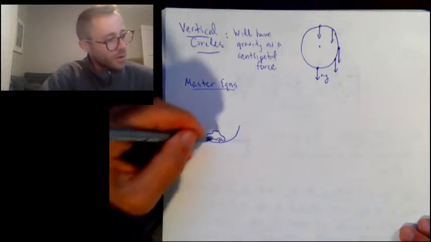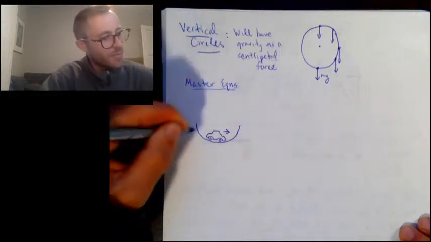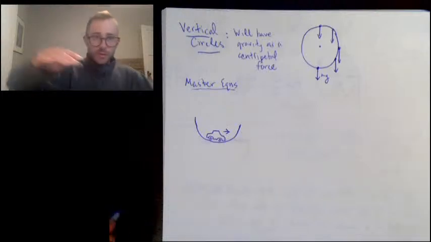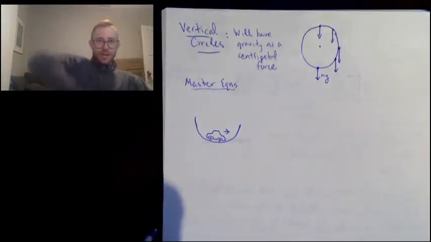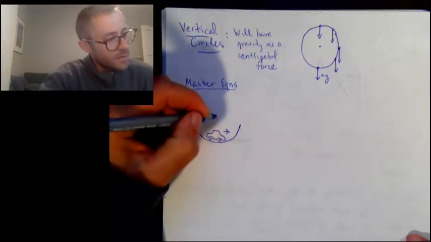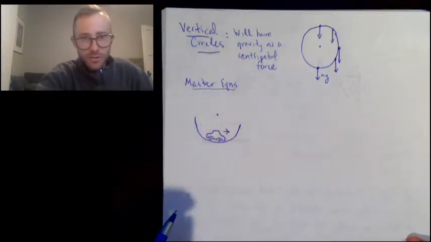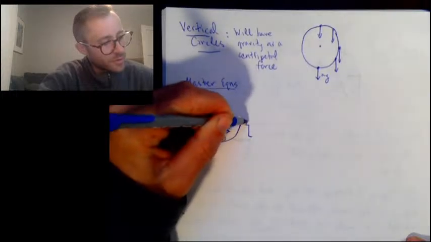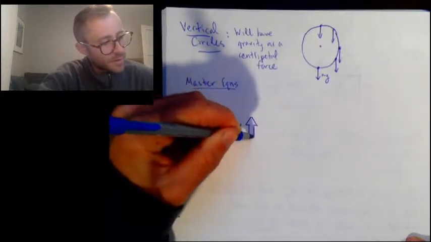And the car is going this way. It's at the bottom of a circle. This would be like if you went down a hill and you were at the bottom of the hill. If we think about it, the center of the circle is up here. So the direction of my centripetal acceleration is upward.